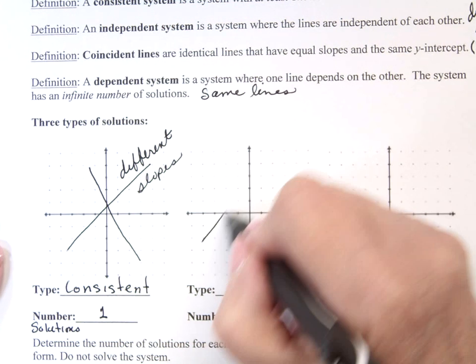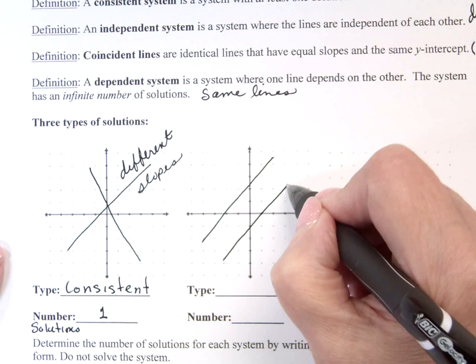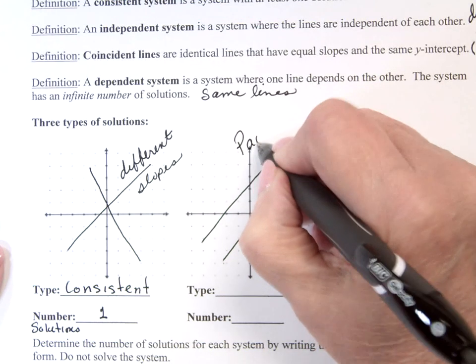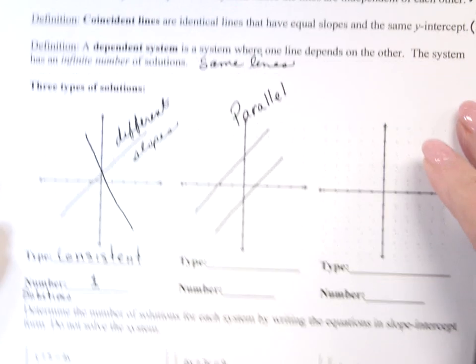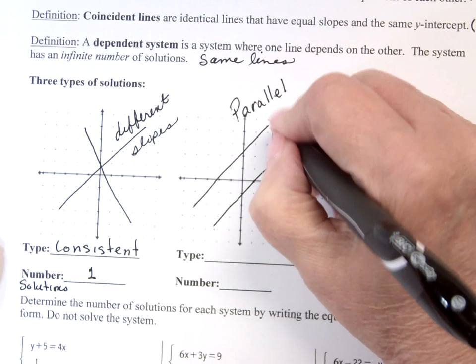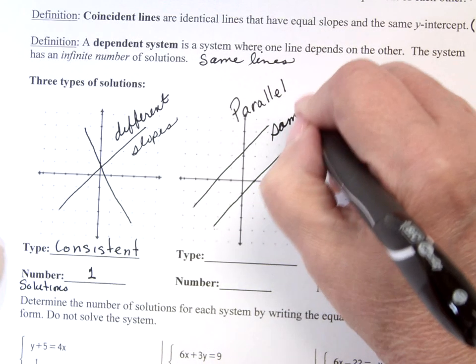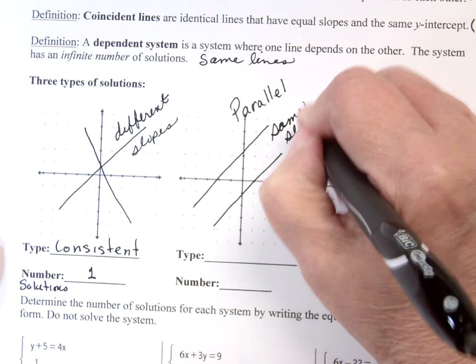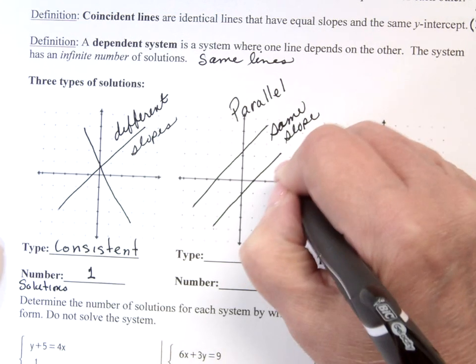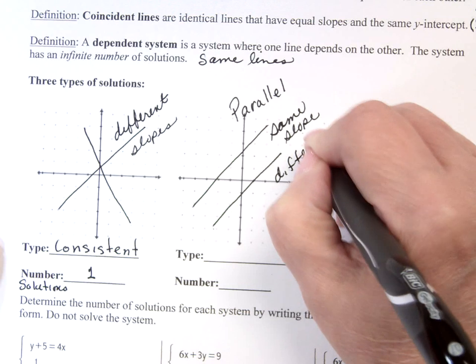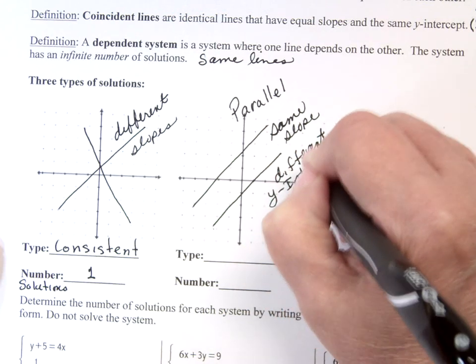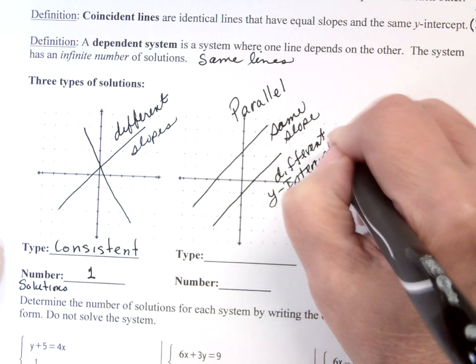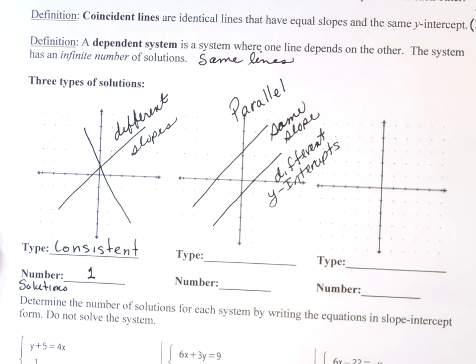Now, when I take a look at this situation, the lines are parallel. That means they never cross. So what do they have? They have the same slope, and they have different y-intercepts. Same slope, different y-intercepts.